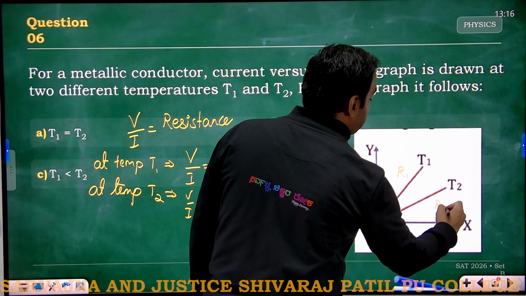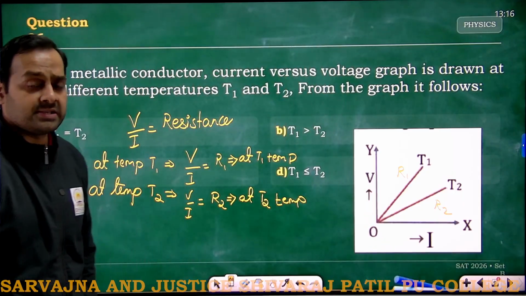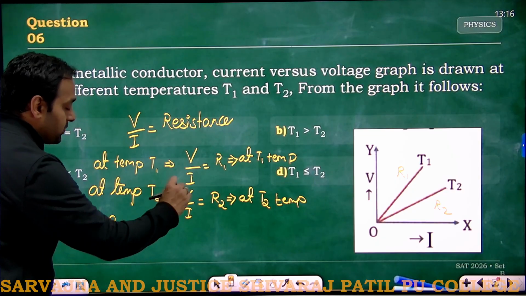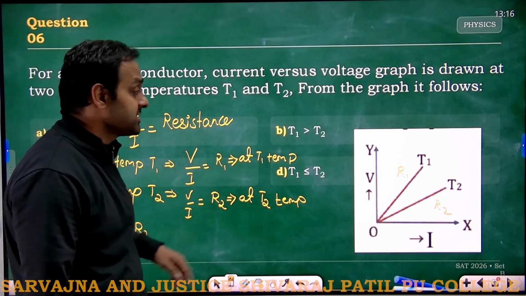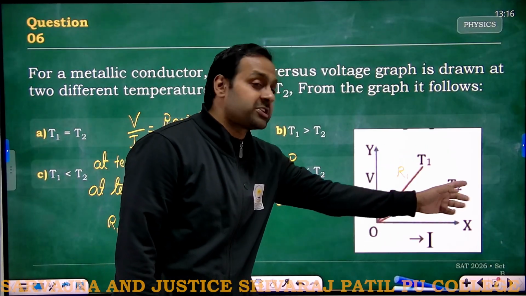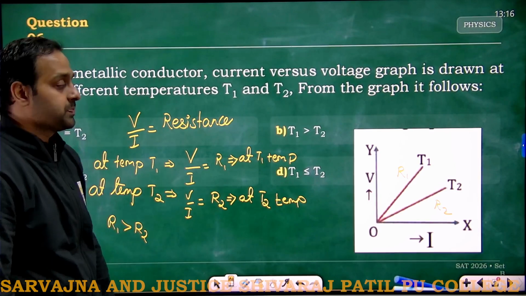Which one is more? As you can clearly see, R1 is more than R2. The resistance at temperature T1 is more as compared to the resistance at temperature T2.